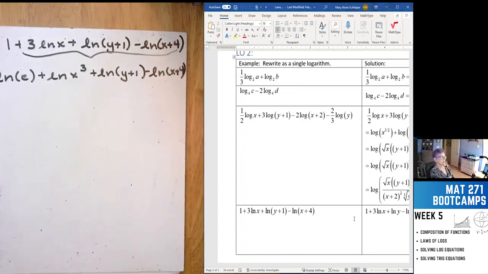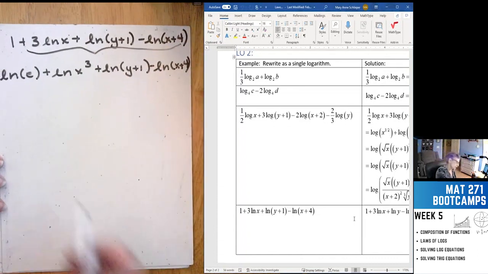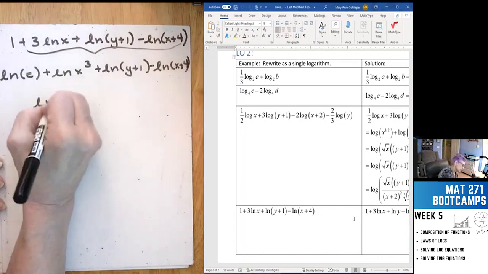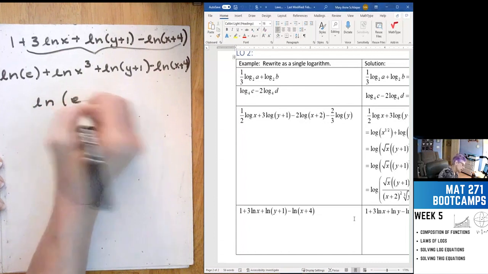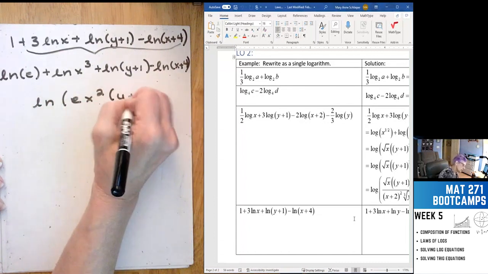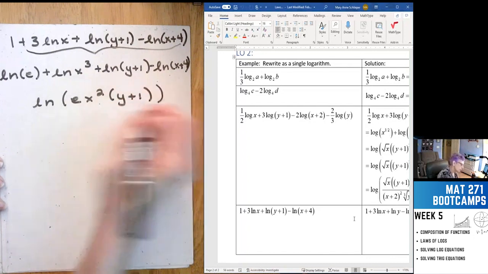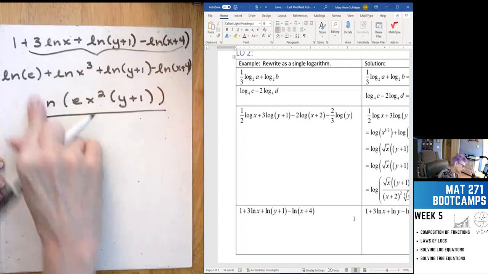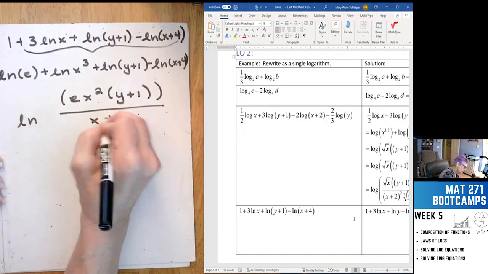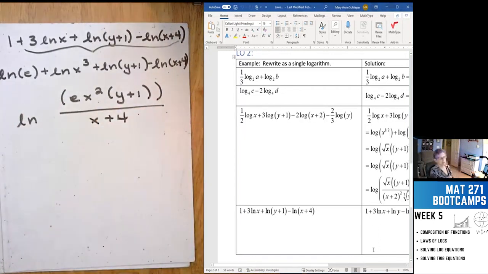And that's as simple as it gets. So now all of these have plus signs. This is just the natural log of e x squared times y plus 1, living on top of x plus 4.